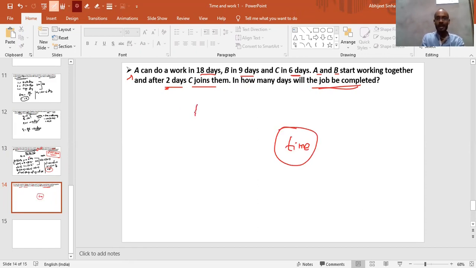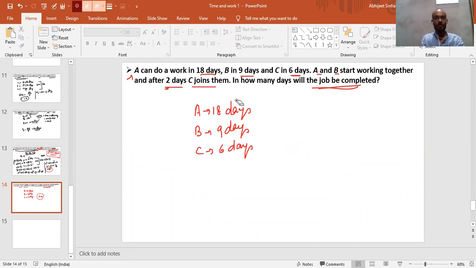So here it is mentioned that A will do in 18 days, B in 9 days. So you can take the LCM, you can get the efficiency, and C is nothing but 6 days. So just calculate and answer me.